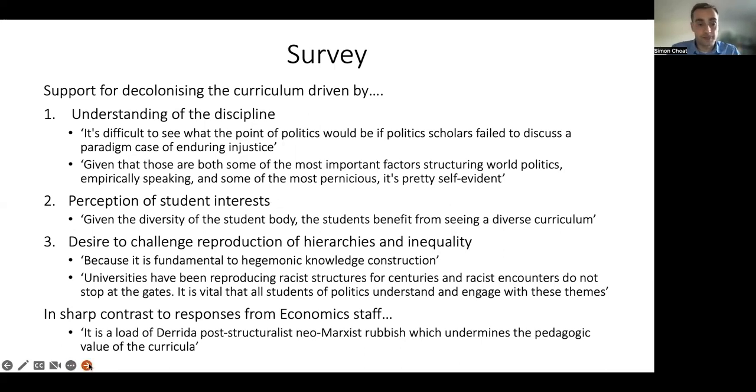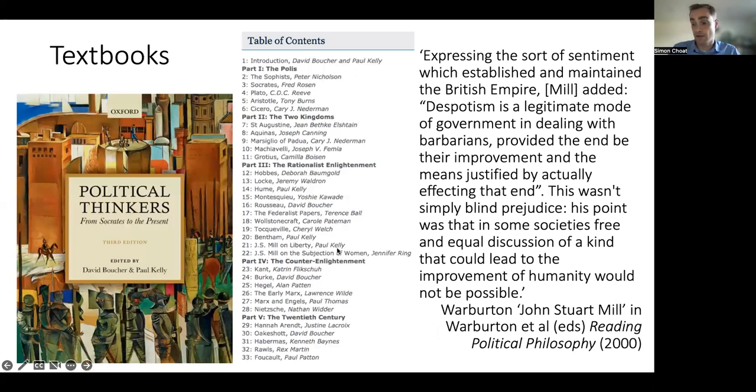So we think there's a need to decolonize and a demand for it, but despite this, the existing resources have traditionally not been available for decolonizing. So many political theory textbooks only include white thinkers.